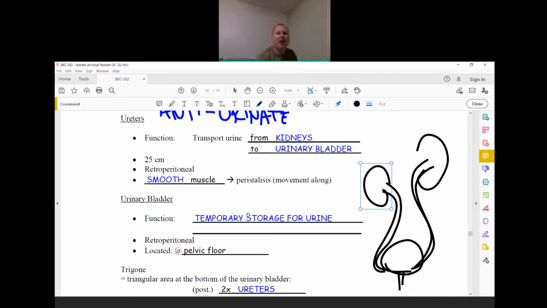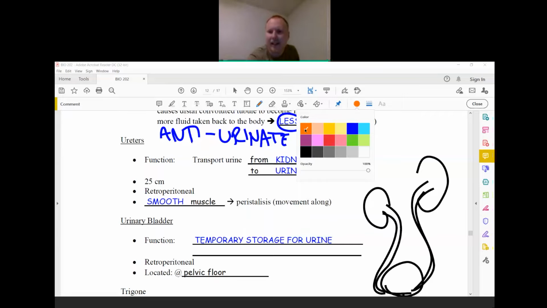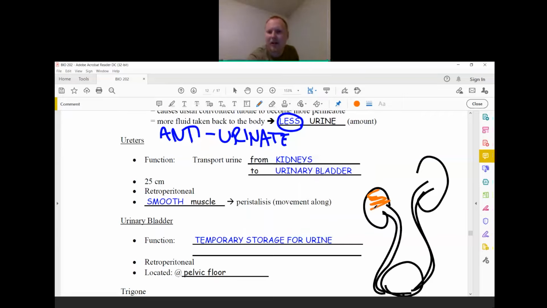So let's go through all of the structures that we have left. We have already looked at the kidneys, so I'm just going to color them in this diagram for us.